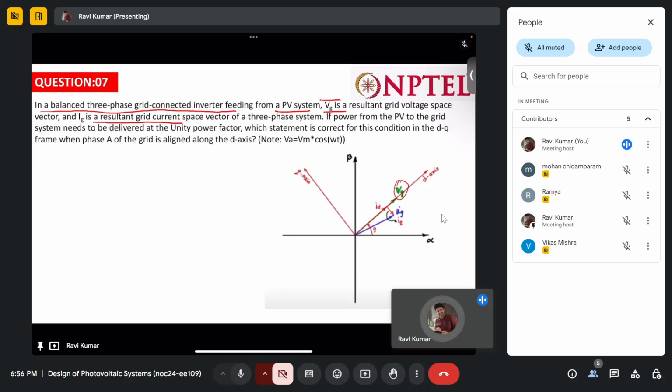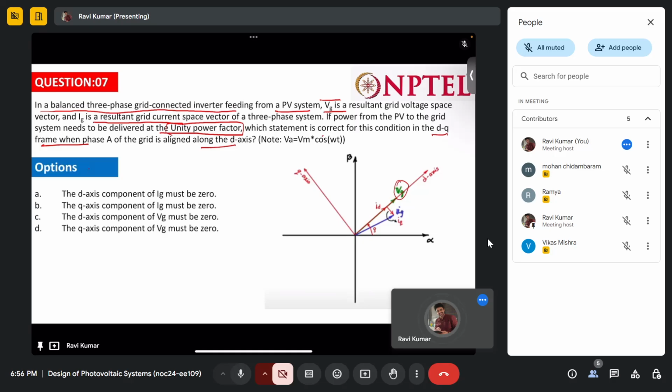If power from the PV to the grid needs to be delivered at unity power factor, which statement is correct for the condition of the DQ frame when phase A of the grid is aligned along the D axis? You need to find out the correct options.